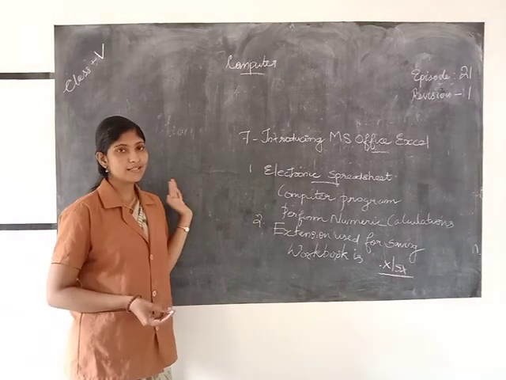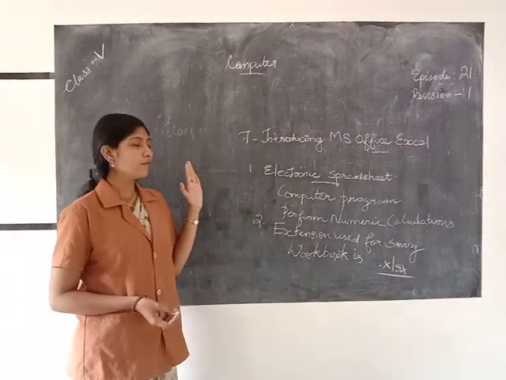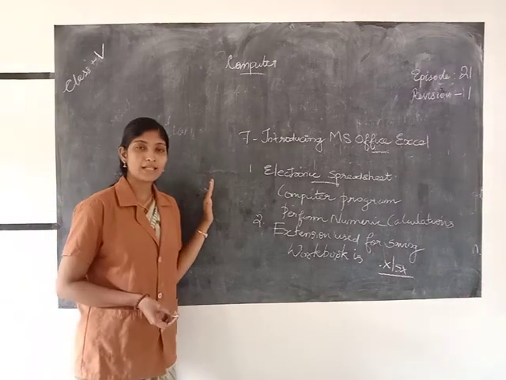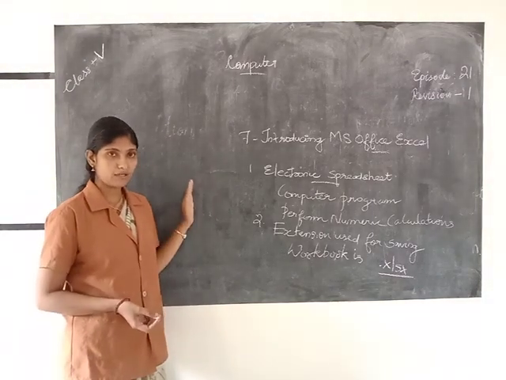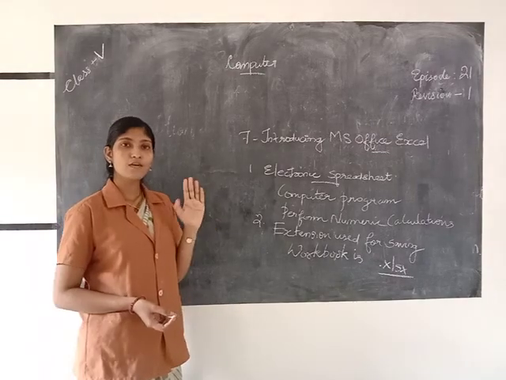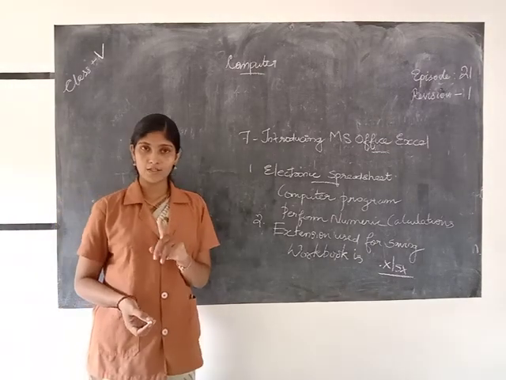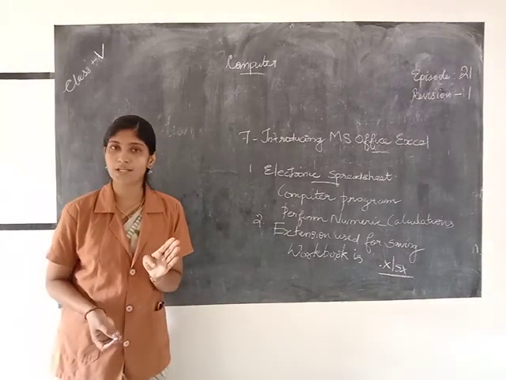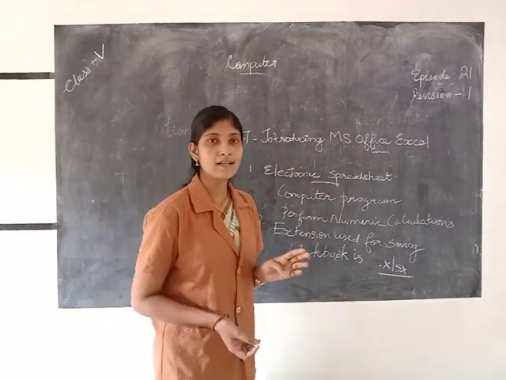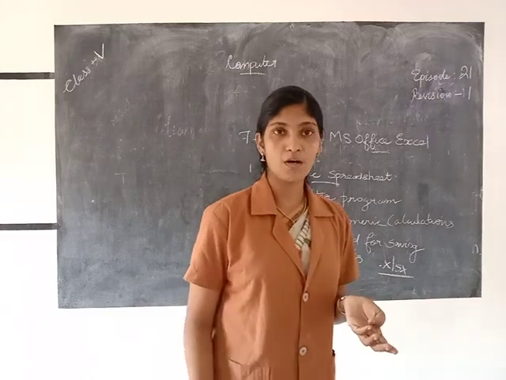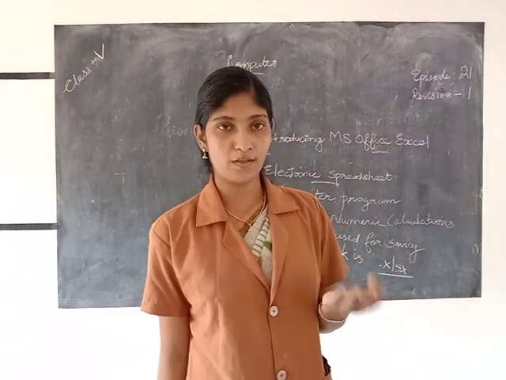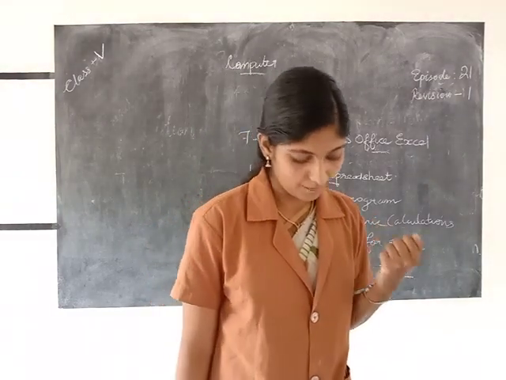Copy operation and cut operation. You need to select the series of numbers or the range of cells for doing any operations. First, you need to select. Then only you can do the operations like copy or cut or move, etc.